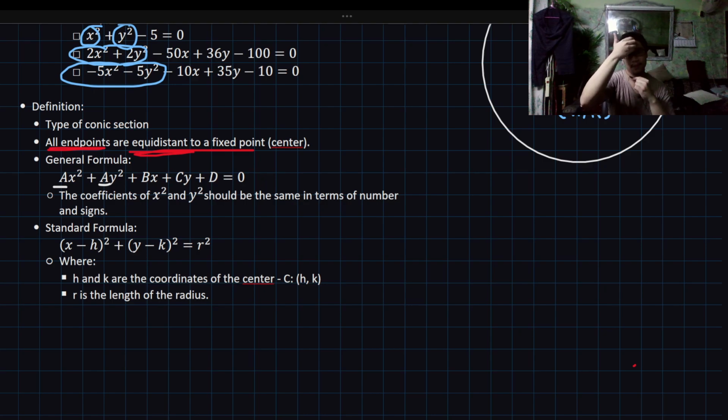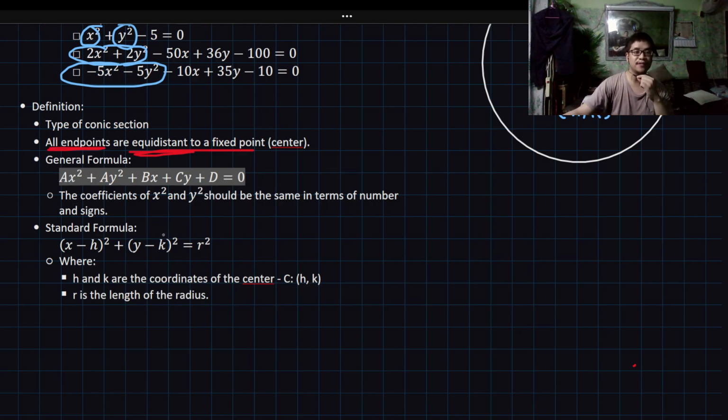The sign for x squared will be the same for y squared. So if I have, for example, 2 for the x squared, then I will have 2 for the y squared as well. Bottom line, the coefficients of x squared and y squared are the same. That's why it's ax squared plus ay squared.